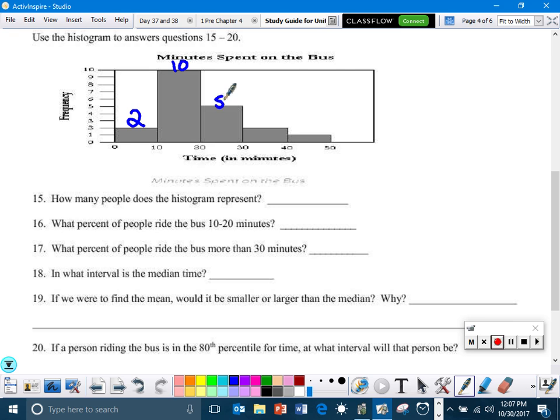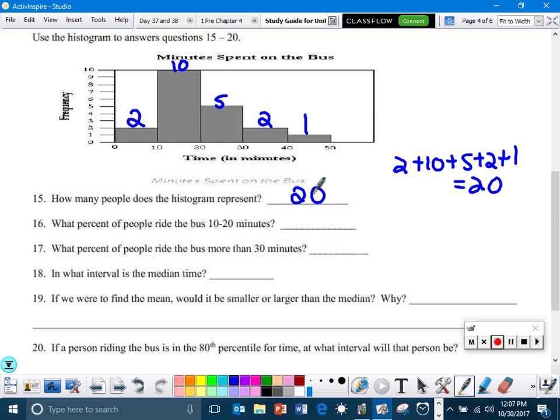Looks like 5 people here. 2 people here and 1 person there. So we add them up. 2 plus 10 plus 5 plus 2 plus 1. And I believe we end up with 20. So this histogram is representing 20 people.